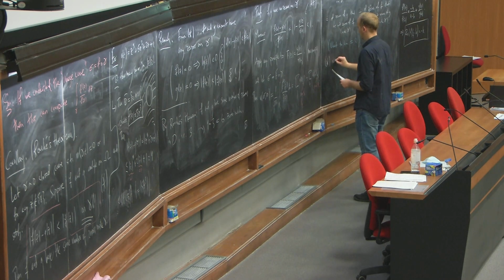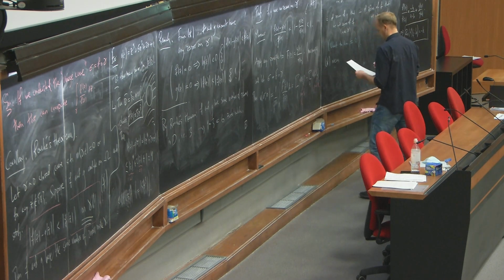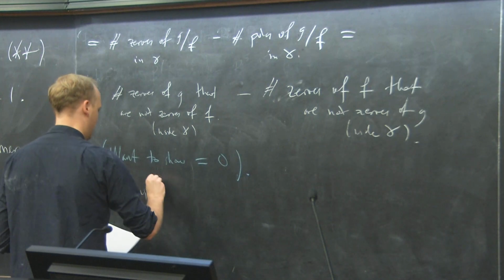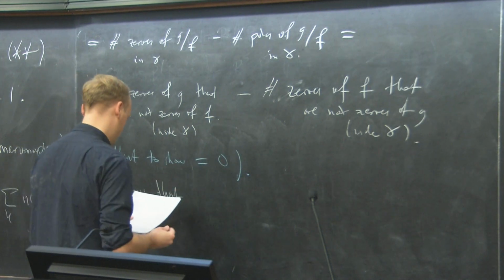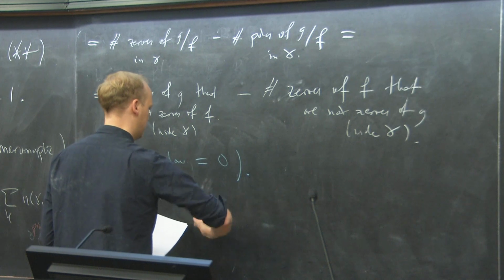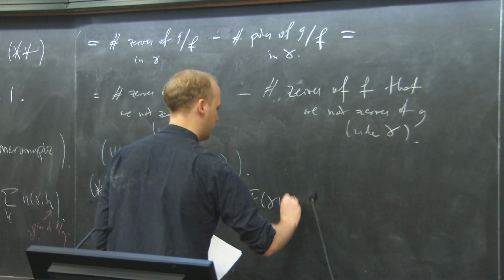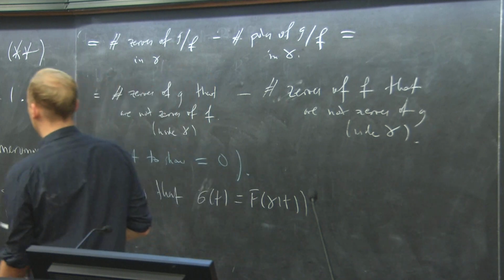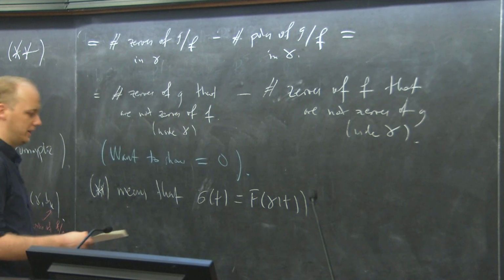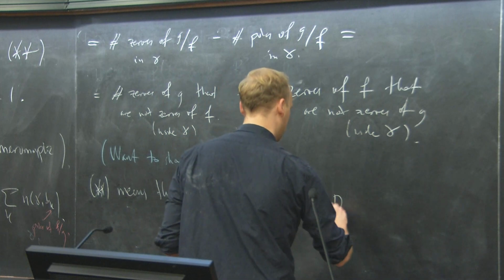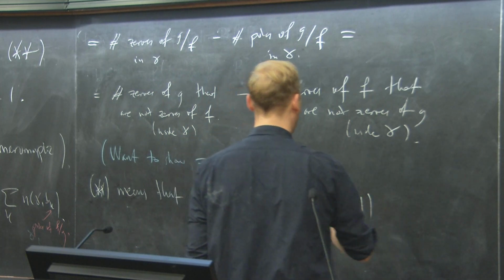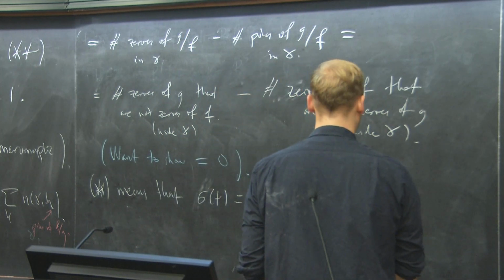So now we use that this condition, double star, means that if I look at this sigma of t, which is F of gamma of t, then where is it? It means that it's in this disk, centered at 1 and with radius 1.